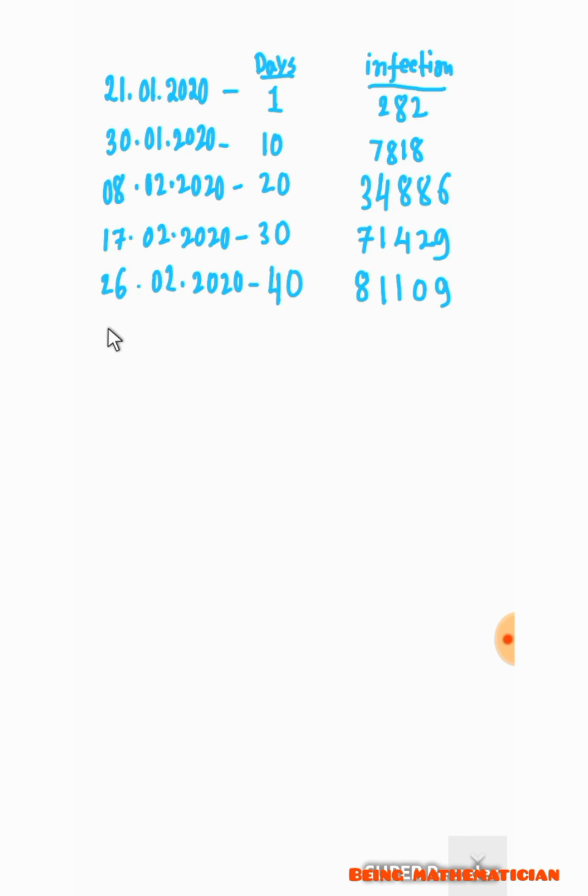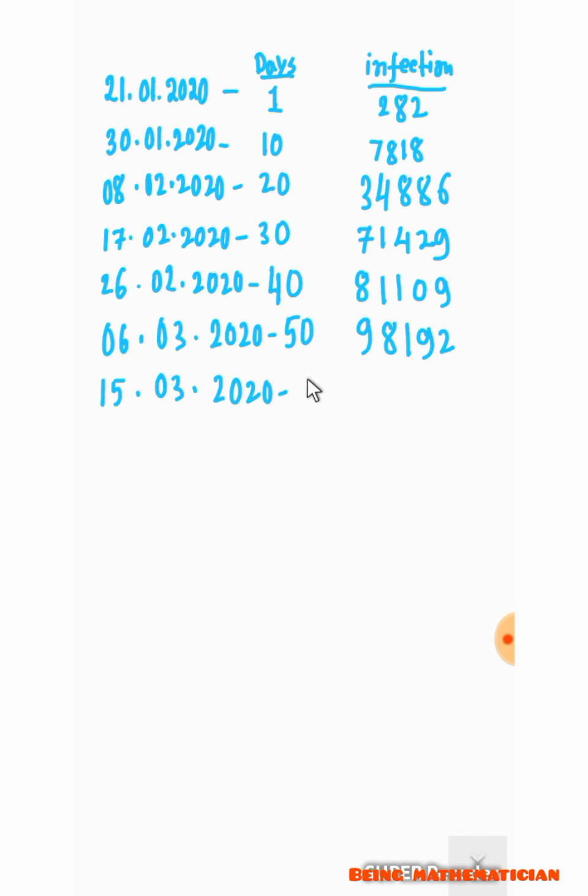After 10 days, 6 March 2020, 50 days, it will be 98192. And after the next 10 days, that is 15th March, it will be 60 days, it will be 153517.